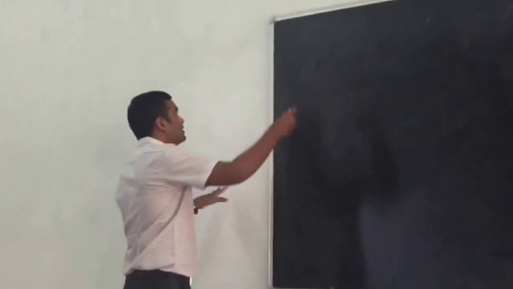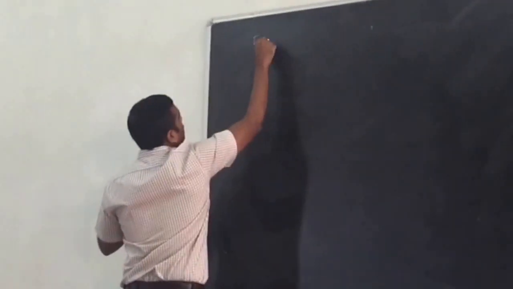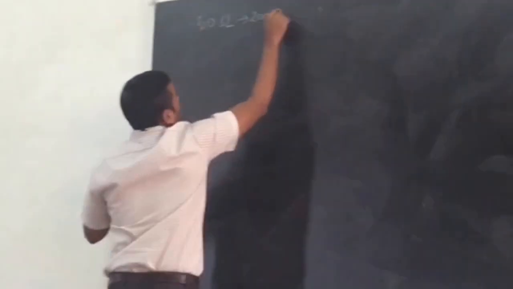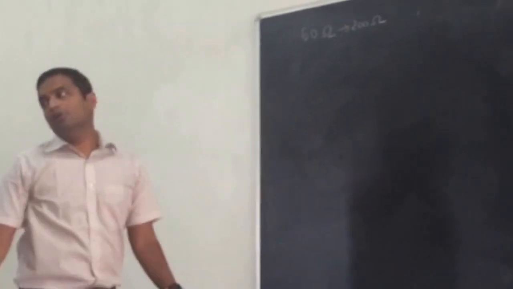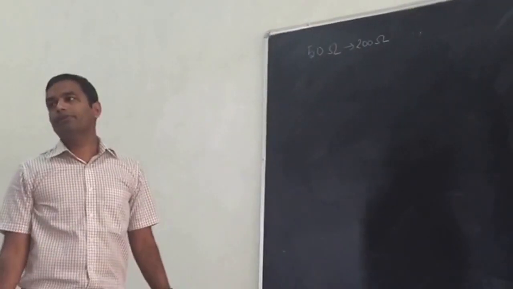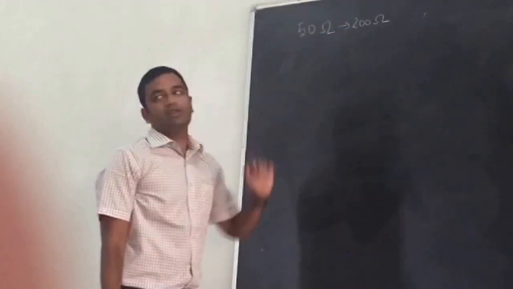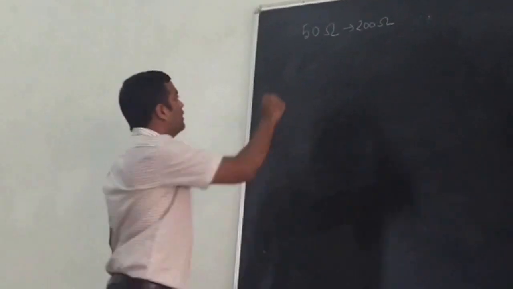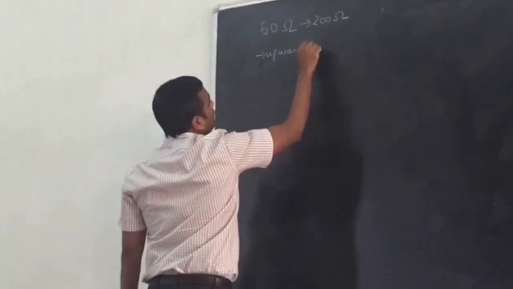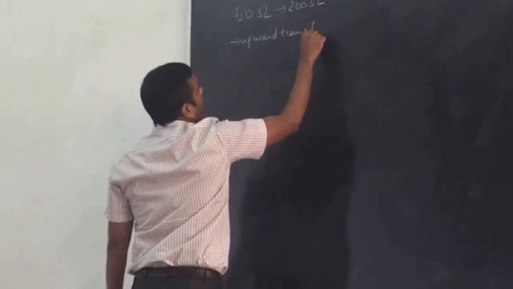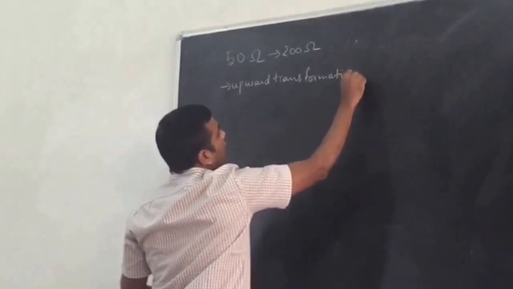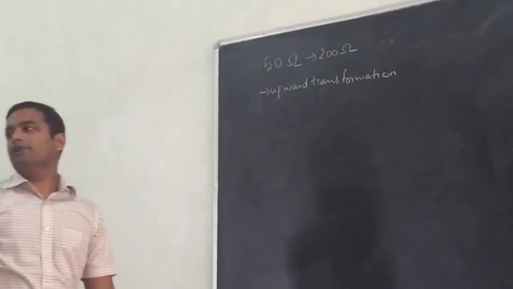Now what is the transformation from 50 ohms to 200 ohms? Is it upward transformation or downward transformation? Upward. First thing is it is upward transformation.